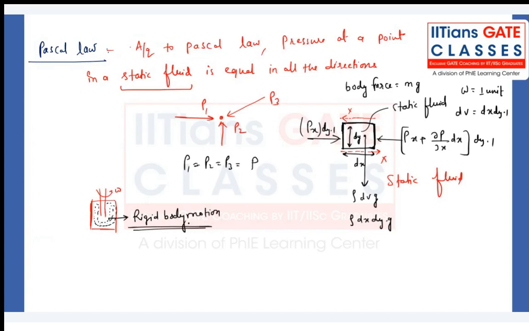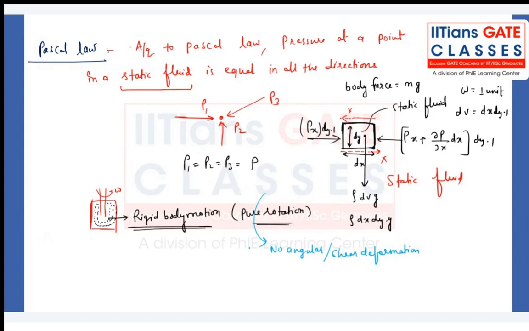In that case, will any shear deformation happen? See, rigid body motion means pure rotation. You will come to know in fluid kinematics, when I discuss it, that there will be no angular or shear deformations.